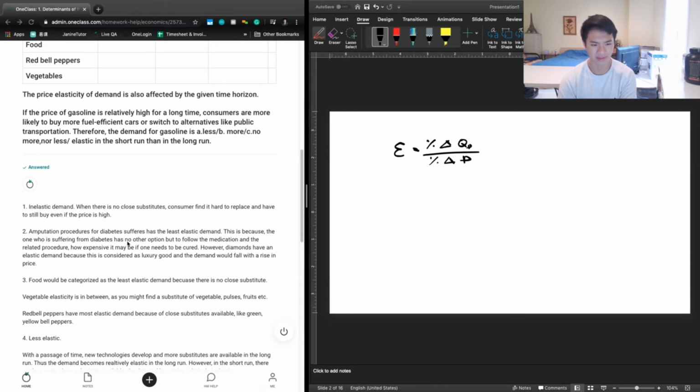However, diamonds have an elastic demand because they're considered a luxury good, and the demand would fall with a rise in price. Yeah, so I think that's pretty good. I would add that demand is going to fall with a rise in price for amputation procedures for diabetes patients as well, but it's just going to fall less.